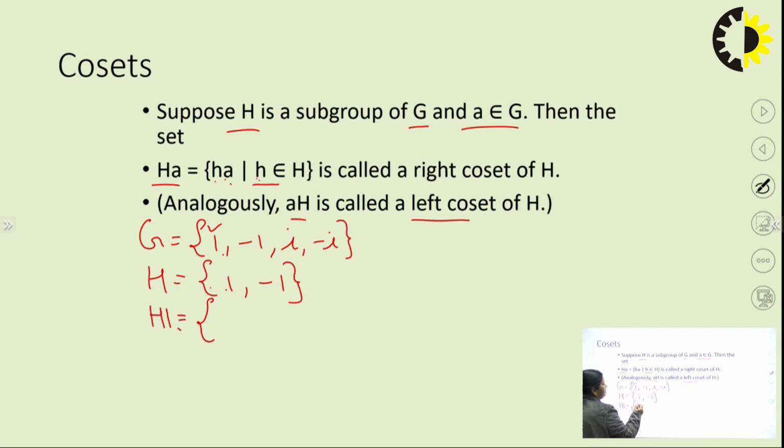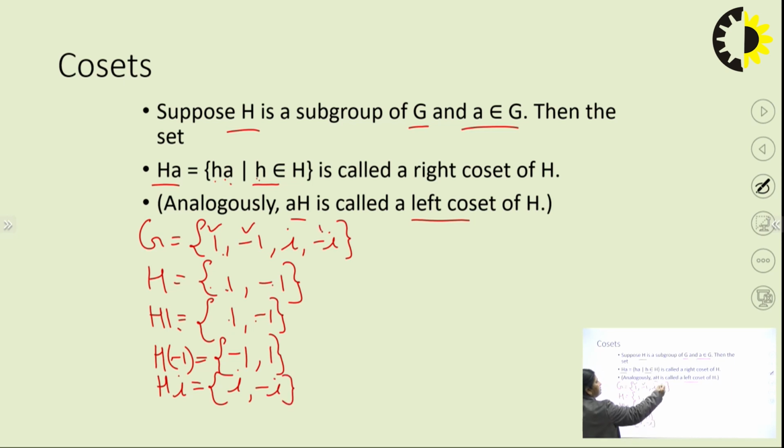So we will have 1 into 1, 1. 1 into minus 1, minus 1. Now the second right coset, corresponding to minus 1. What will this right coset be? H minus 1. It will be 1 into minus 1, minus 1. Minus 1 into minus 1, 1. Now the third element, iota. 1 into iota, iota, minus 1 into iota, minus iota.